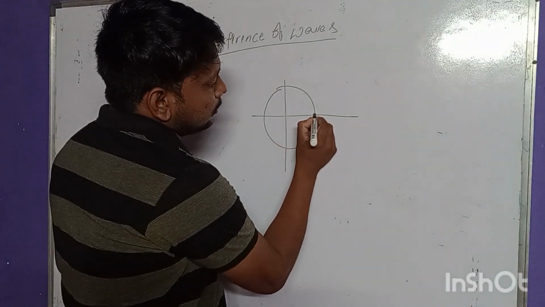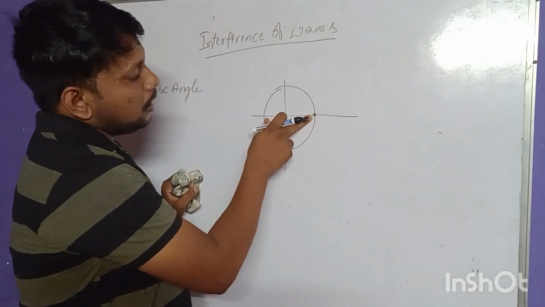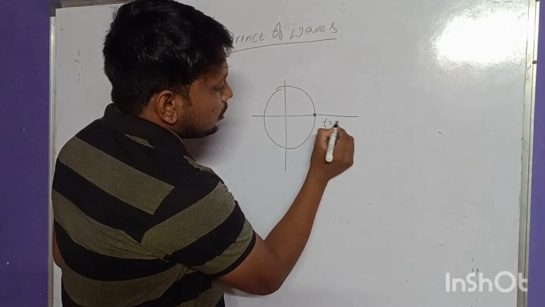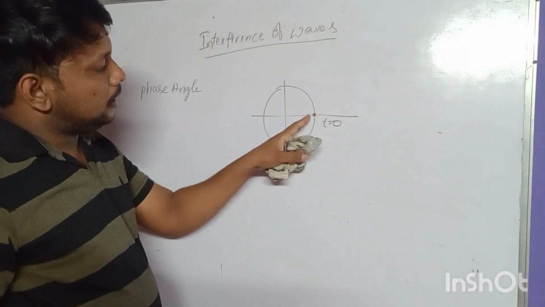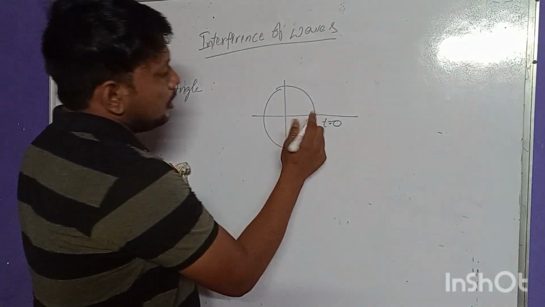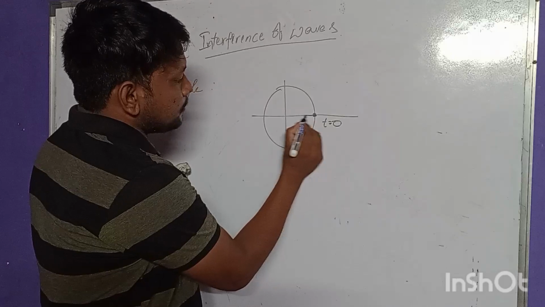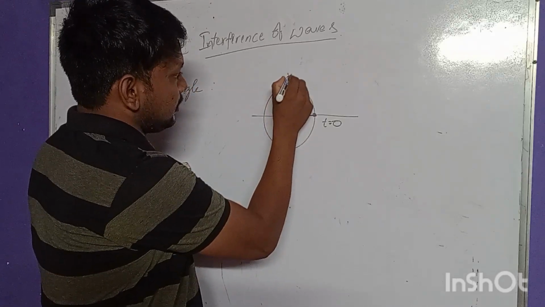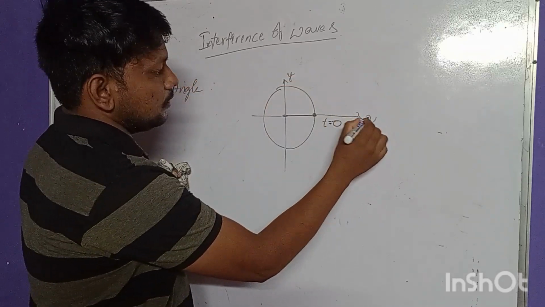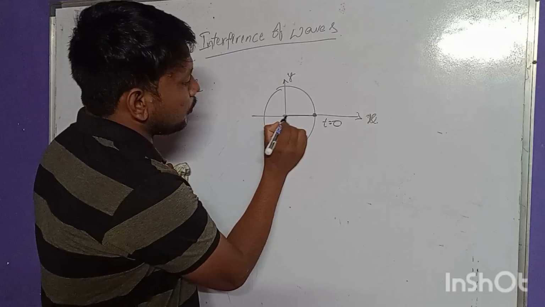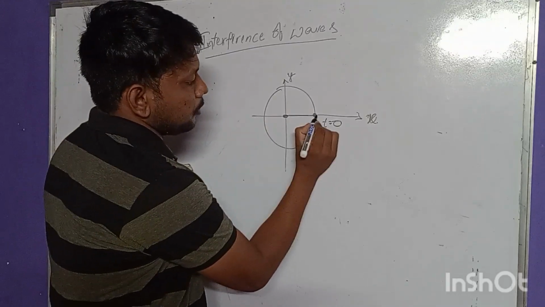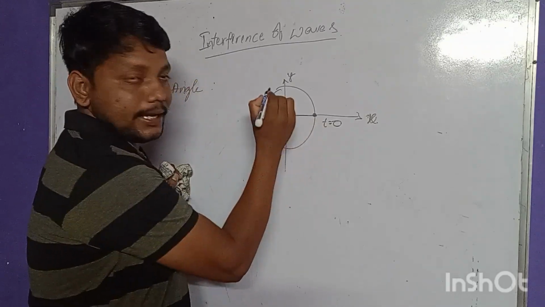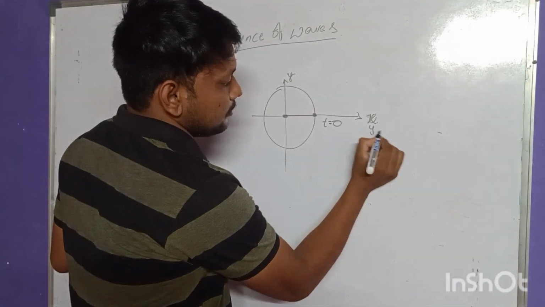ఈ పార్టికల్ ఎట్ t=0 దగ్గర, projection of this particle on y axis is 0. Here y is equal to 0.